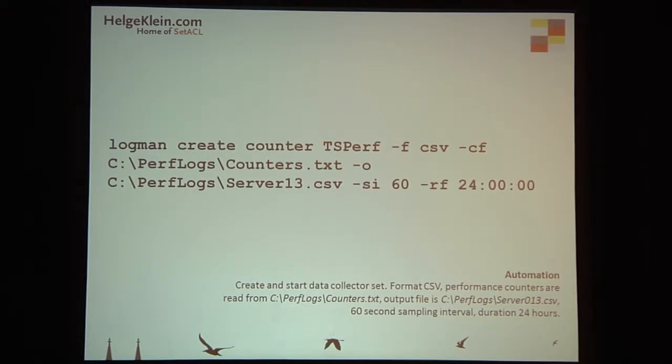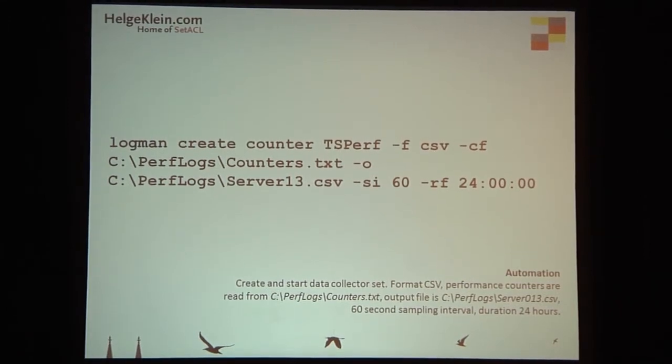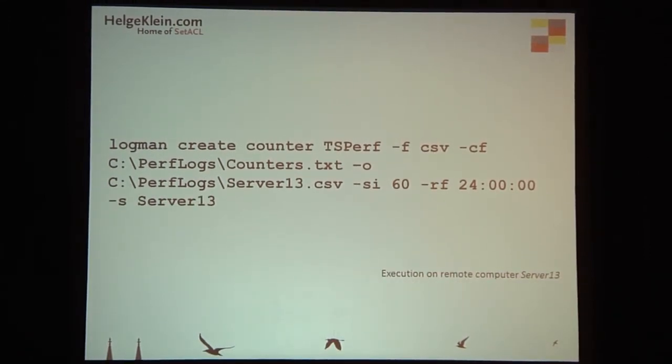But I can improve this, of course, if I want to process many servers. I can run it remotely with the additional parameter -s. So I can type the command on my workstation, and run it on server 13 anyway.